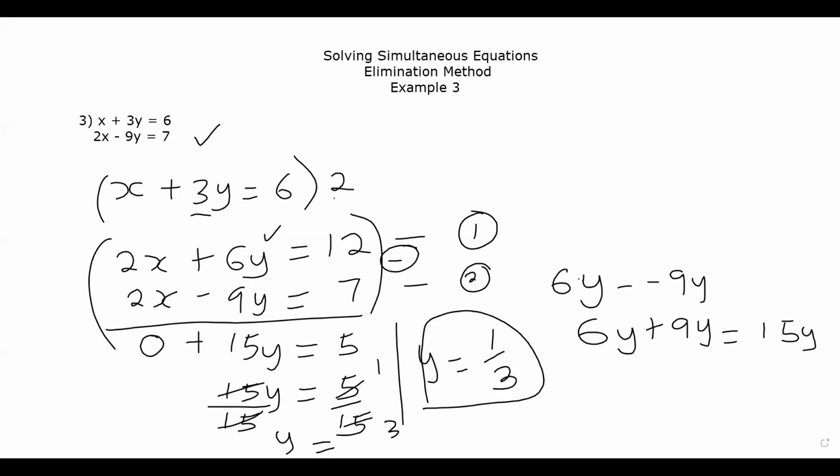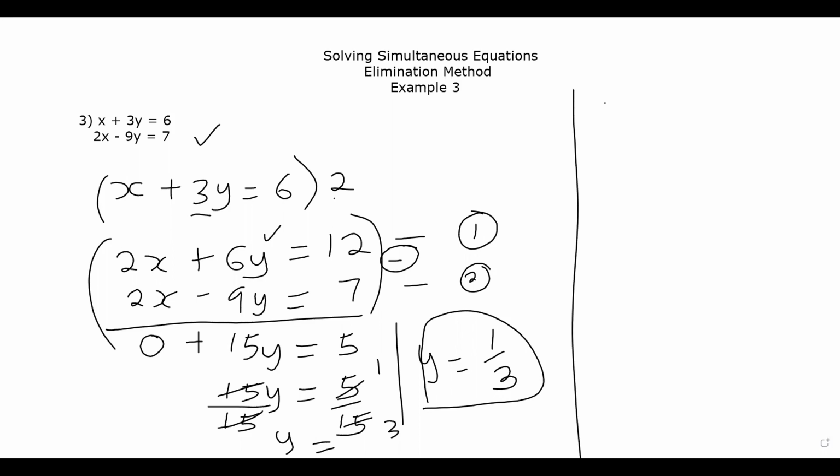So we are going to substitute the value of y into the second equation, and the second equation is 2x minus 9y equals 7.